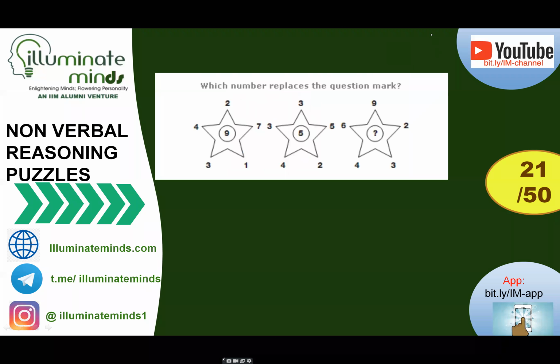So the next one is this. Which number replaces the question mark? We need to find some logic which should happen in all three figures. Give it a try. 4 plus 2 is 6, plus 7 is 13. 13 minus the sum of the bottom two numbers, that is 4, is equal to 9.